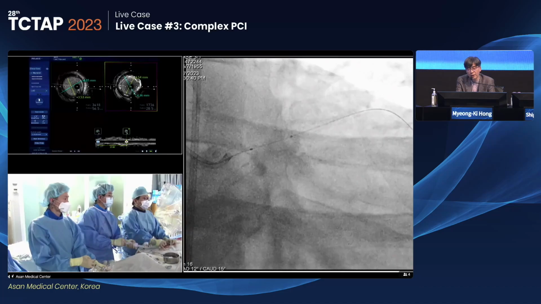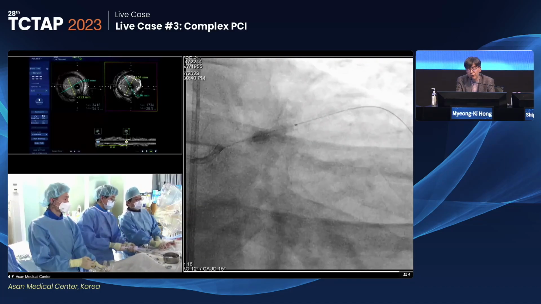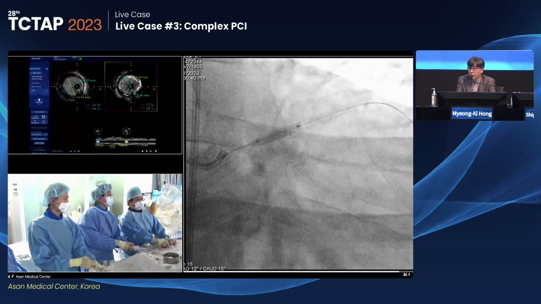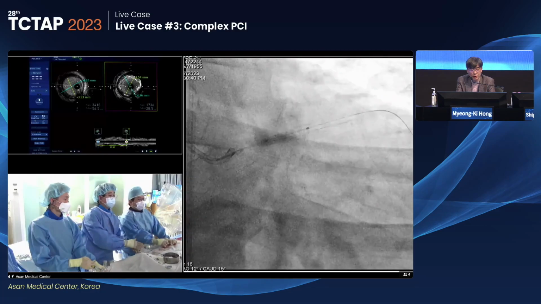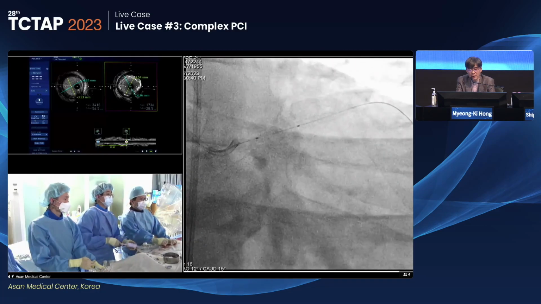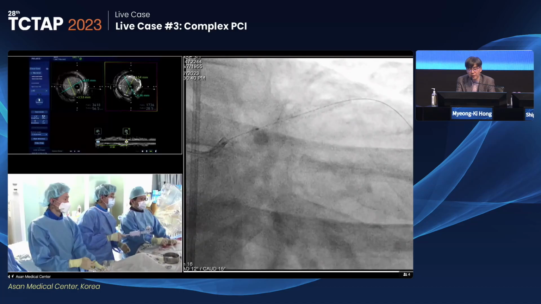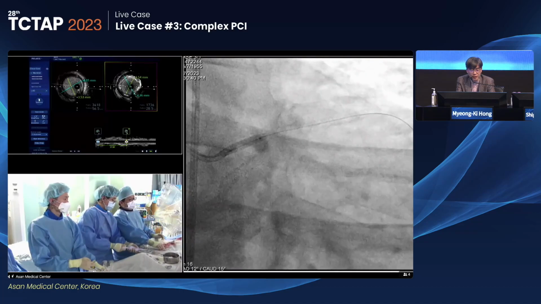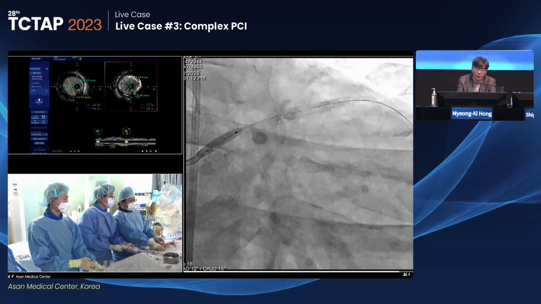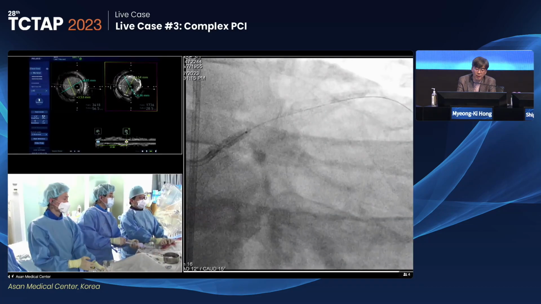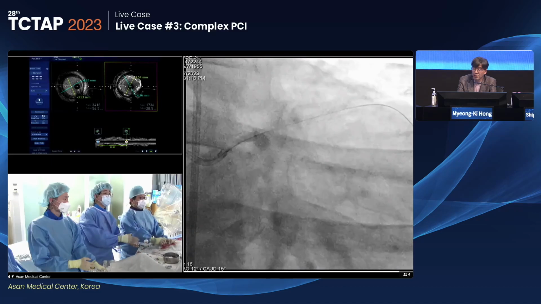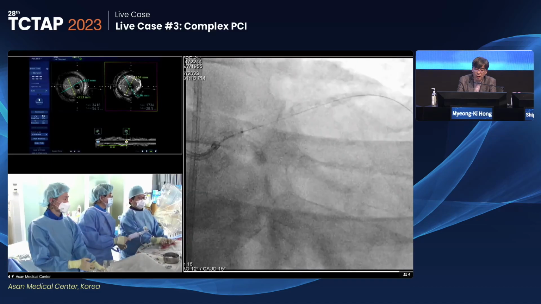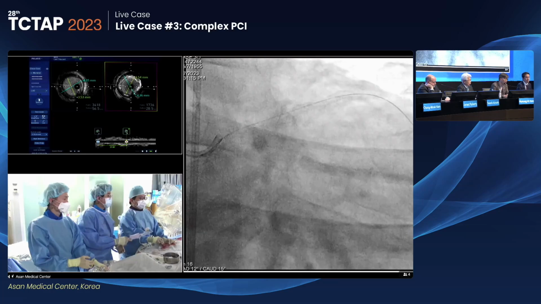Academically and for educational purposes, this is a very educational case of in-stent restenosis. It emphasizes the value of intravascular imaging and the evaluation of plaque characteristics. As Dr. Hong already pointed out, the limitation of IVUS is the resolution, right?